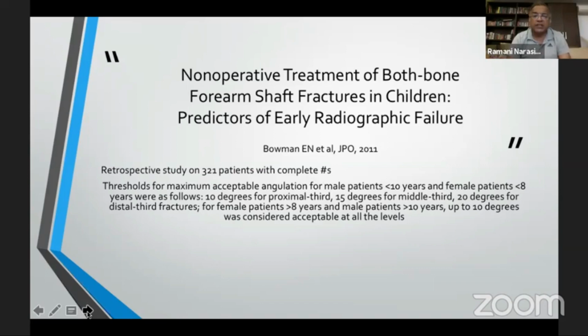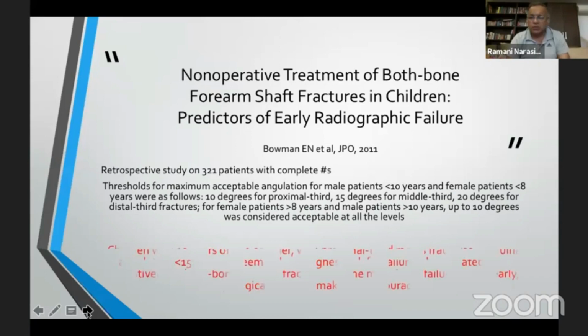Thresholds for maximum acceptable angulation for male patients less than 10 years and female patients less than 8 years were as follows: 10 degrees for proximal third, 15 degrees for middle third, and 20 degrees for distal third fractures. For female patients more than 8 years of age, and male patients more than 10 years of age, up to 10 degrees was considered acceptable at all levels.